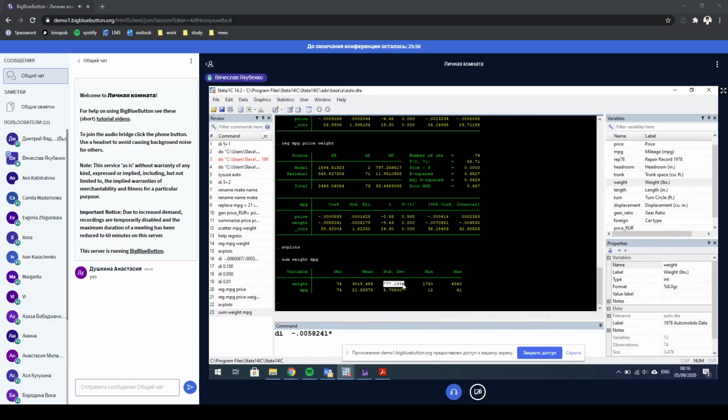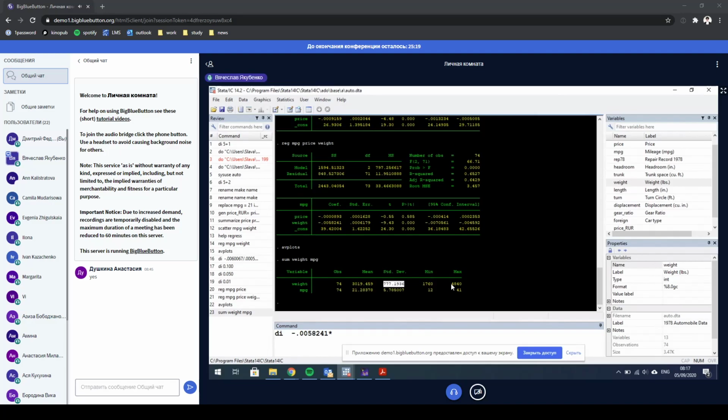So the standard deviation shows us a very realistic deviation of the car weight. An average car weighs 3,000 pounds, more or less, plus minus 777 pounds. The minimum car weighs 1,700. The maximum weight of a car is 4,800.